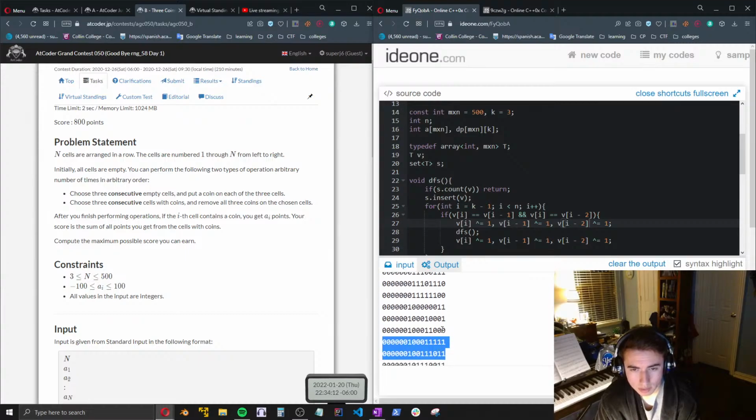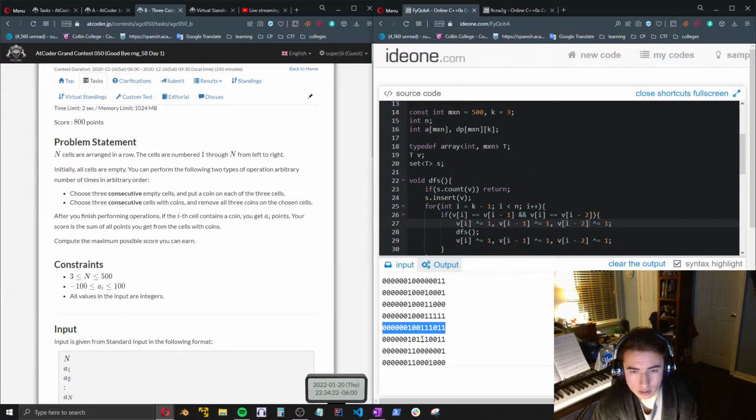Where is this one coming from? I guess there is some multiple: 1, 2, 3, 4, 5, 6. Let's say delete the middle. Oh.